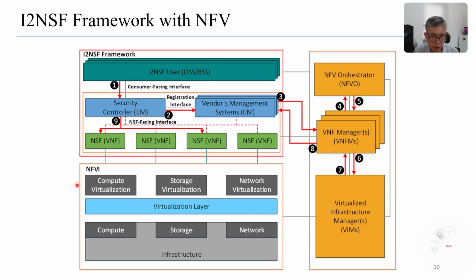Lower, this one is the NFV infrastructure, which provides virtual compute, storage, and network resources for VNFs. The virtualization layer like a hypervisor makes these virtual resources using hardware compute, storage, and network resources.